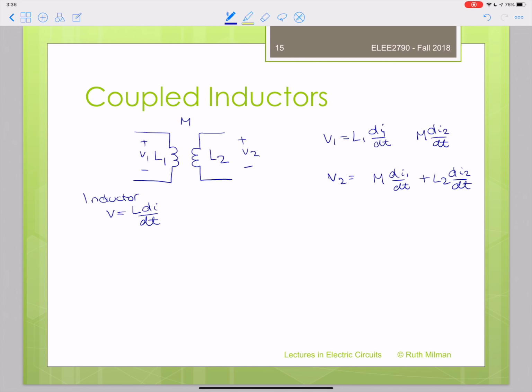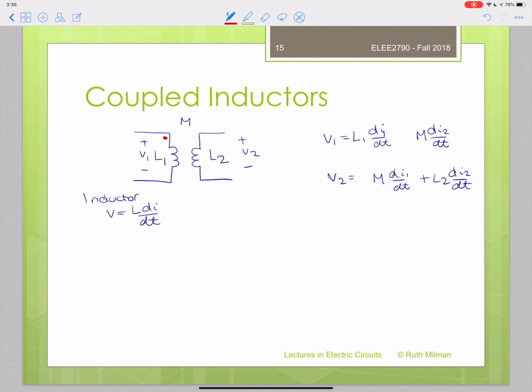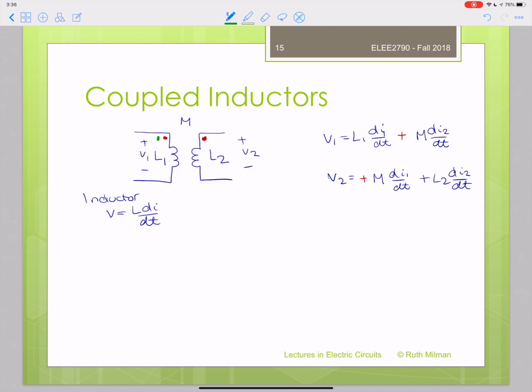Now I just mentioned that this can be plus or minus. How do we know which one it is? Every coupled inductor will have a pair of dots. If the pair of dots is on the same side, then there is a plus sign. If, on the other hand, the pair of dots is on opposite sides from each other, you're going to have a minus sign.